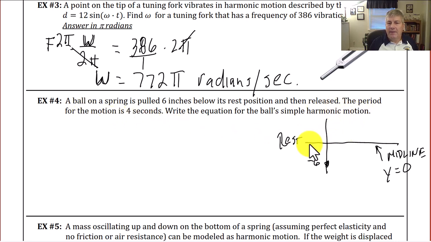So what I see here, I see our midline or our x-axis would be rest. And if we pull this spring 6 inches below the rest position, we're going to start at a -6. So this is a little bit like a negative cosine curve. So I'm going to use the cosine formula for harmonic motion.